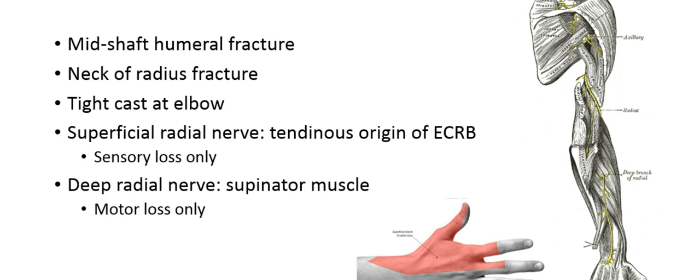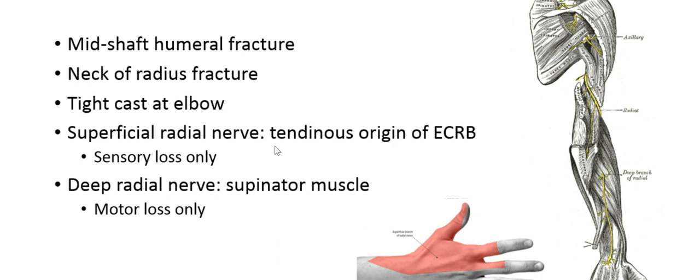So if the entrapment is at where the tendons kind of attach around ECRB, where the ECRB tendons kind of blend into the epicondyle, the superficial radial nerve sits very close to them. It has close proximity to that. So sometimes the fibrous edge of those tendons at the ECRB, they can be a source of entrapment site for the superficial radial nerve, and you would only see sensation loss in the dorsum of the hand, the web space.